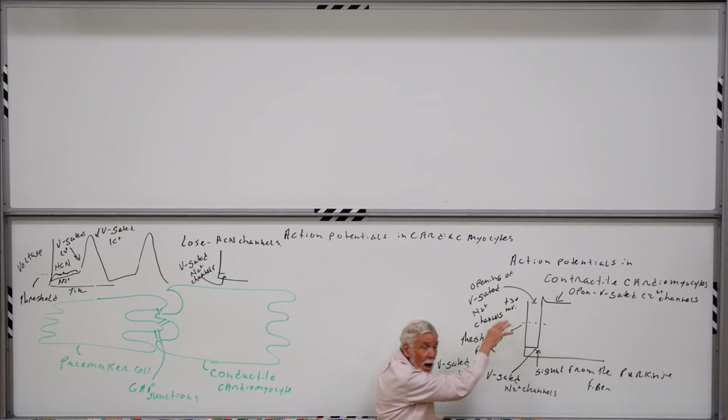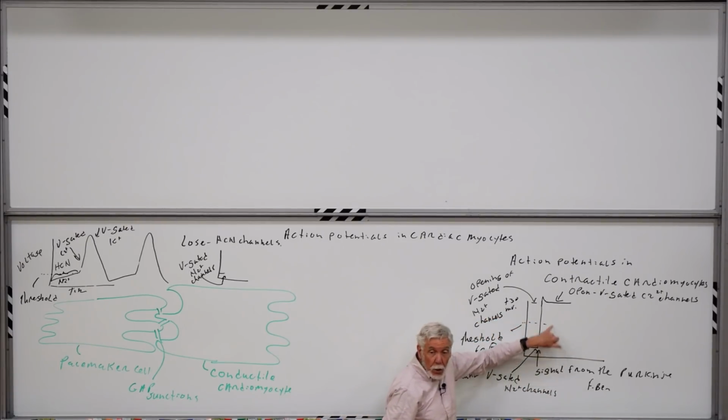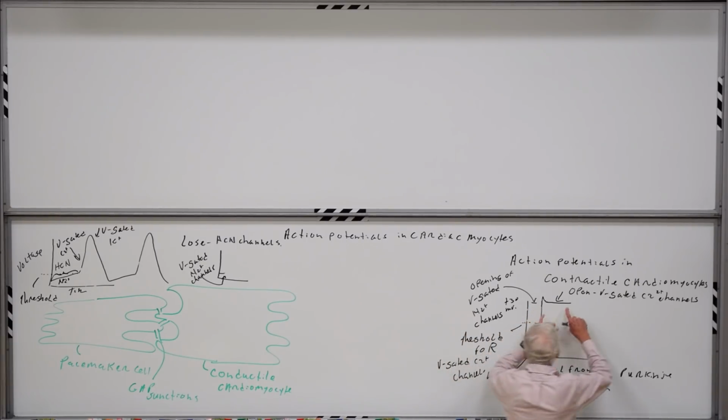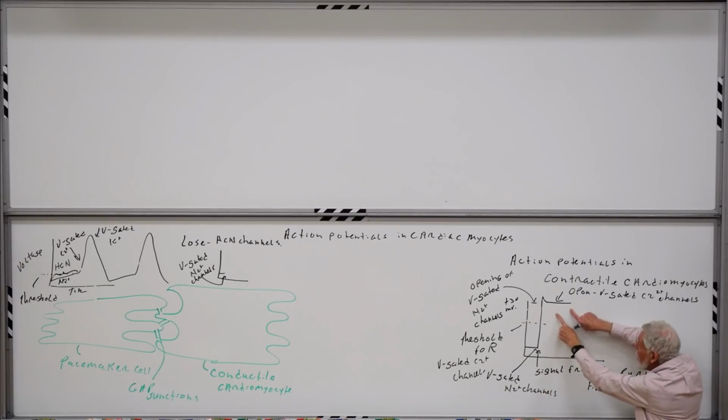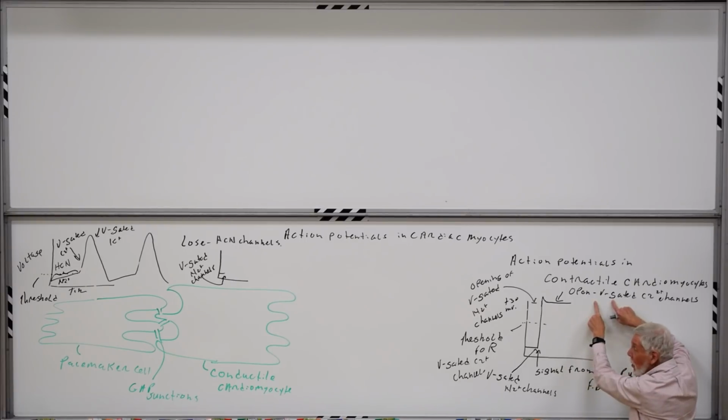We can apply our mantra to this: the membrane potential seeks the equilibrium potential for the ion whose permeability is dominant. So we open the voltage-gated sodium channels, we head toward the equilibrium potential for sodium. But then those sodium channels begin to inactivate. But in the meantime, we've opened the voltage-gated calcium channels, and now we remain at a depolarized membrane potential because the voltage-gated calcium channels remain open. And throughout this plateau period, the voltage-gated calcium channels are open.